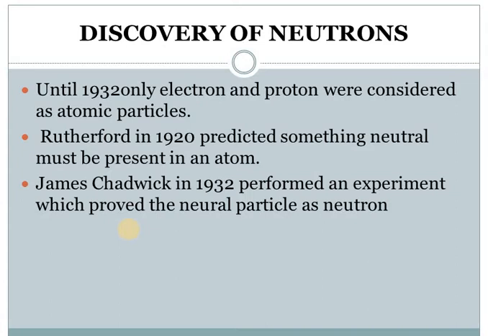Later on, James Chadwick in 1932 performed an experiment and proved that protons and electrons are not the only main particles of an atom. Rather, something neutral is also present in an atom, which is known as the neutron.